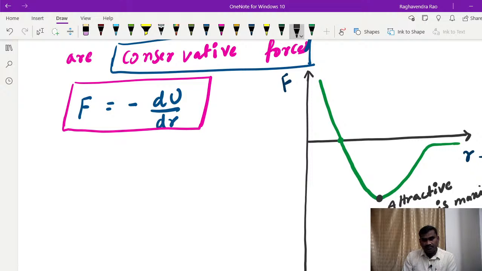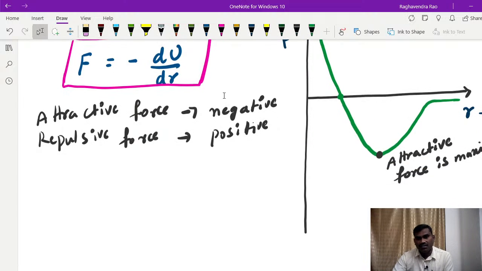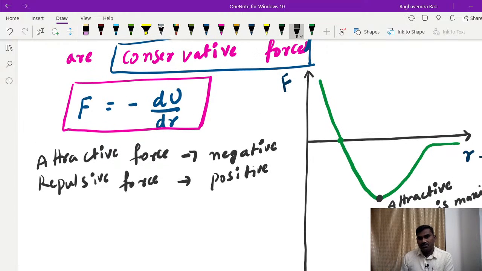We know attractive force is negative, whereas repulsive force is positive. That is the reason the attractive force is in the negative coordinate. So here the attractive force is maximum.